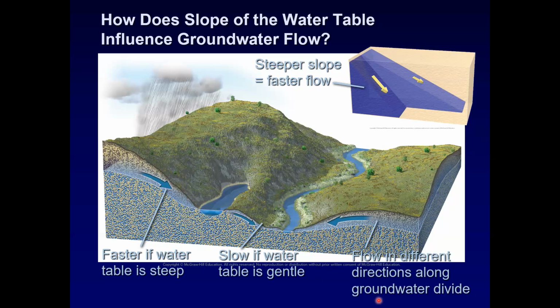So you could also have flow in different directions within an area if groundwater is divided due to these topographic differences. So we have flow this way and we have flow this way due to the landscape itself. Additionally, you could see on the other side of this hill flow going down in the opposite direction of this arrow. We call that a groundwater divide.